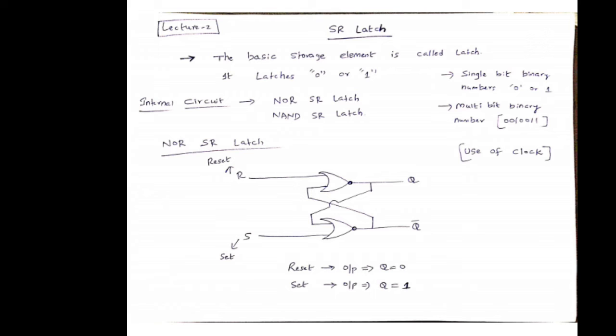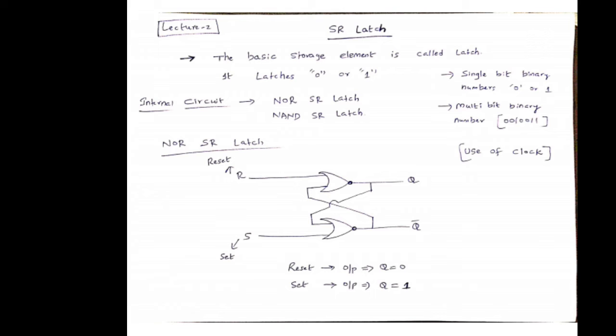S means set, R means reset, Q means normal output, Q bar is the complementary part of the normal output. If I know the normal output, the complementary part can be easily obtained because it is the complement of the normal output. In digital systems, set means the output is going to be high, and reset means the output should be 0, that means low.